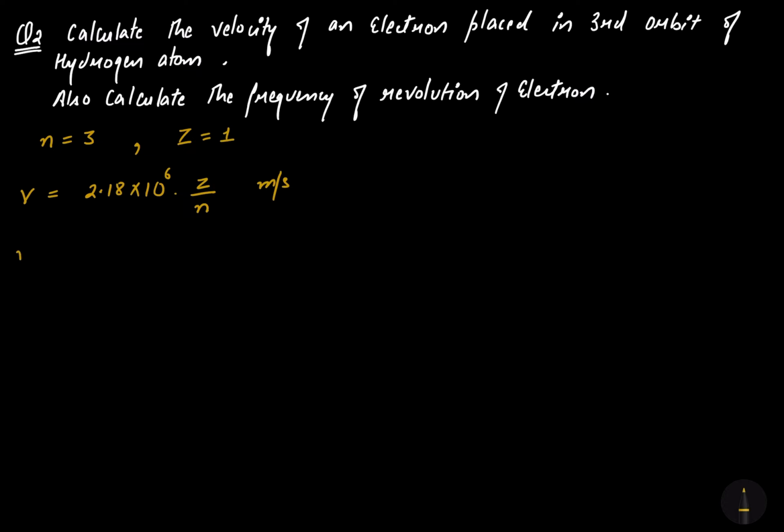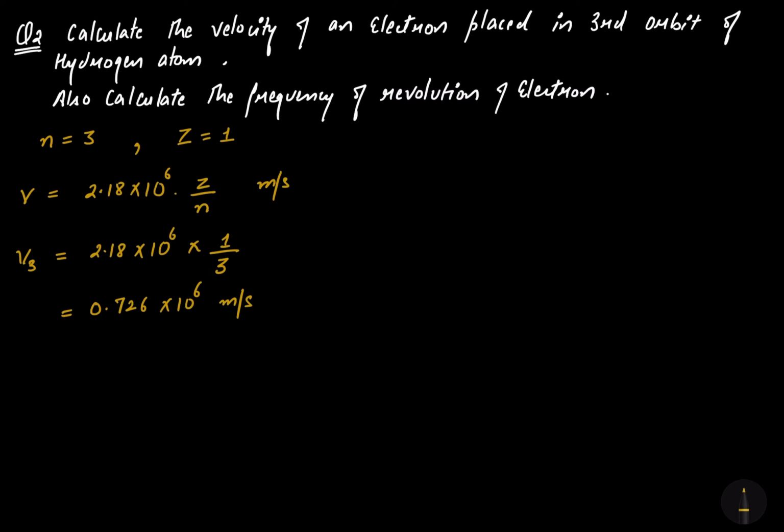So the velocity in the third orbit for hydrogen atom will be 2.18 into 10 raised to power 6, where z is 1, divided by n, which is 3. This answer comes out to be 0.726 into 10 raised to power 6 meters per second. So that's the velocity of electron in the third orbit of hydrogen atom.